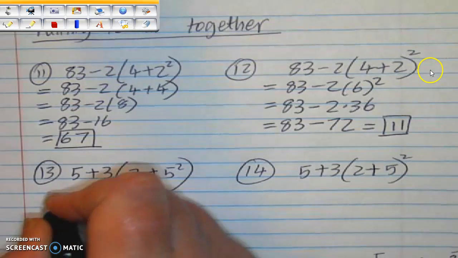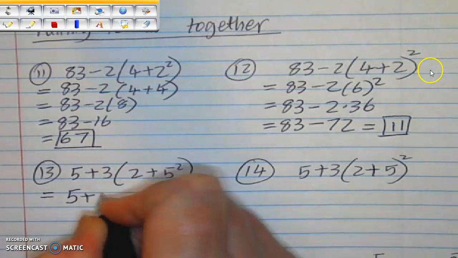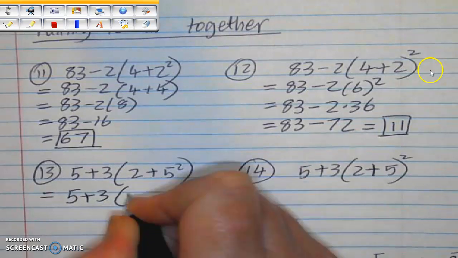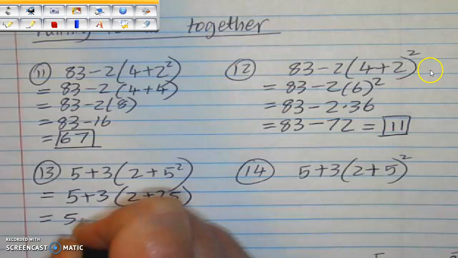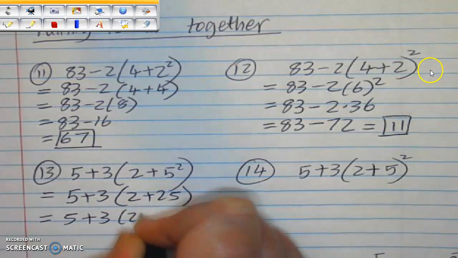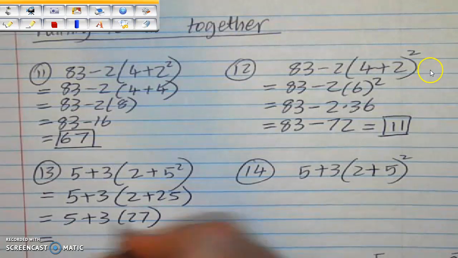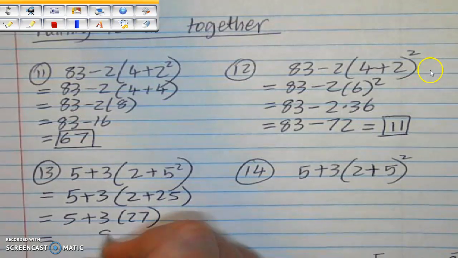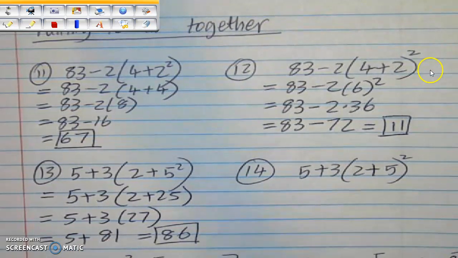Okay, here we go. Squaring first. Inside the grouping, well, grouping first, but inside the grouping, I'm going to square to get 25. Then I'm still working on the grouping, and I have 27. Then 3 times 27 is 81. And the very last thing I do is the addition to get 86.